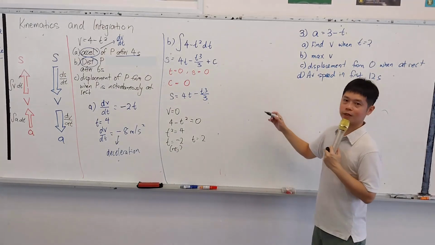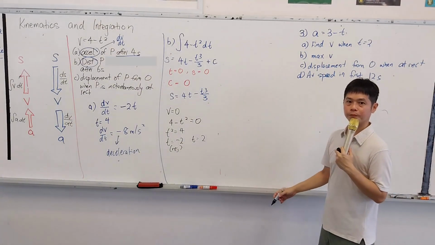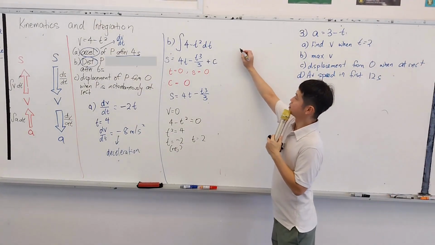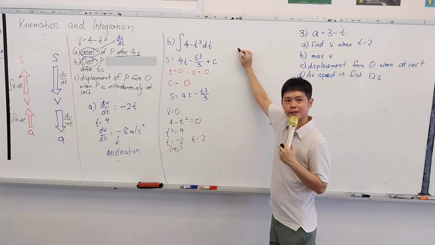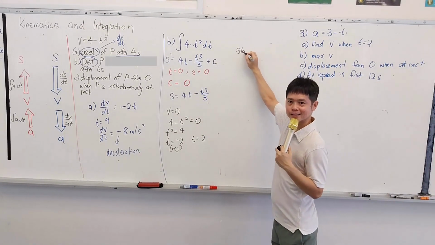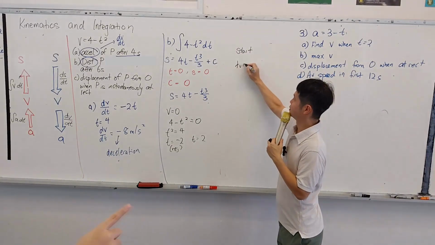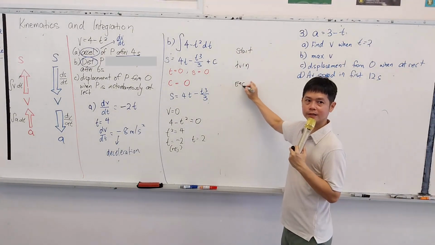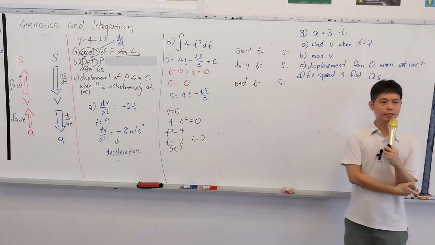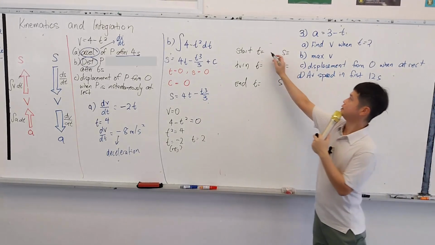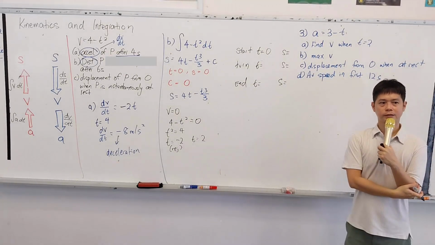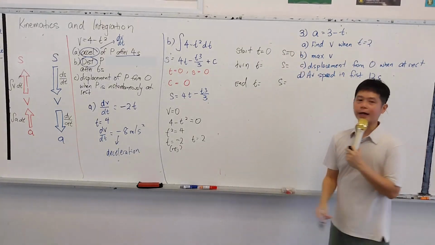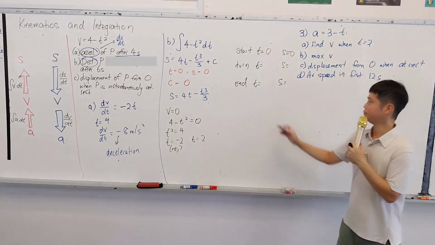Can we do the usual distance thingy? What is the usual thingy? Start, turn, end. Okay, let's start. When I start, t is 0, s is 0. Okay, when I end, let's do the end one first.